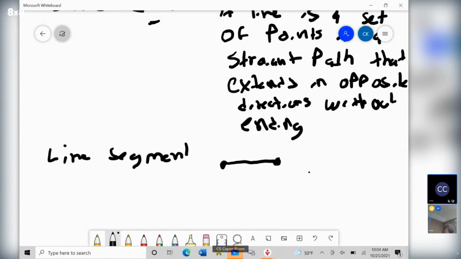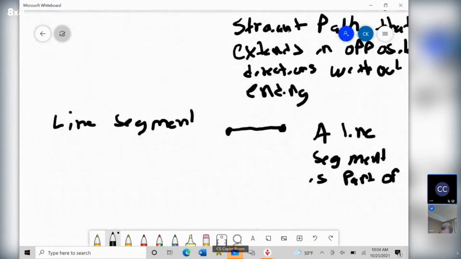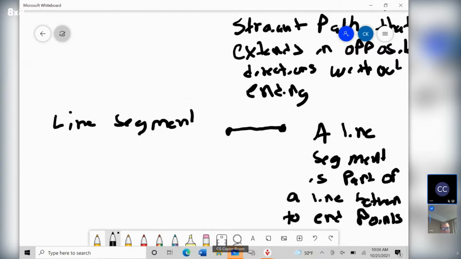So it says a line segment is part of a line between 2 end points. So this line actually ends because there's 2 points at the end of it.